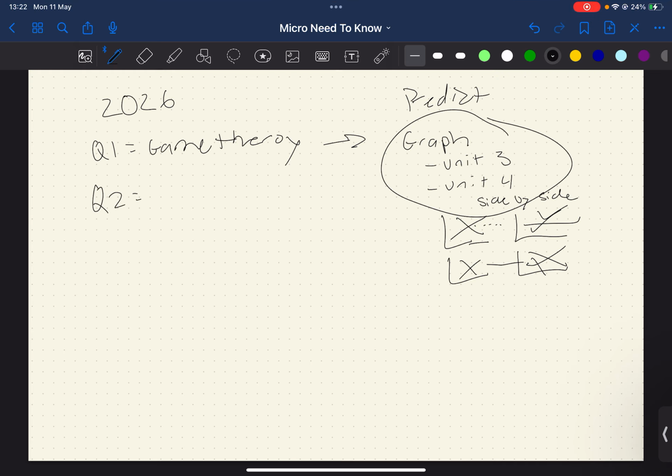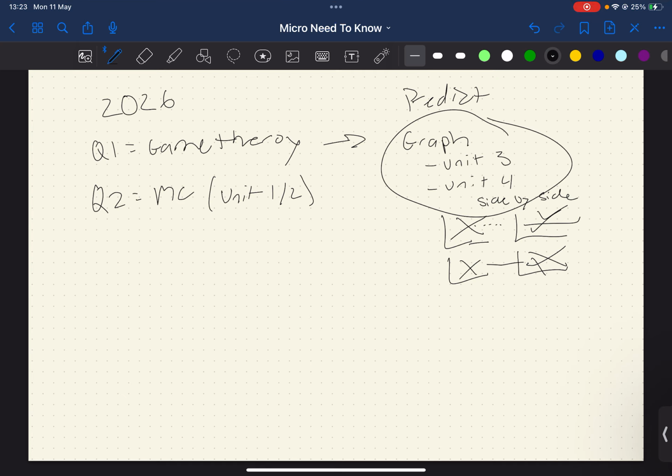For question 2 in 2026, they did a marginal cost question, which is your Unit 1 or Unit 2 kind of question. These questions, I think, are going to be the most hit or miss, because obviously when you bring math into a class, like macro or micro, naturally individuals are going to make mistakes.